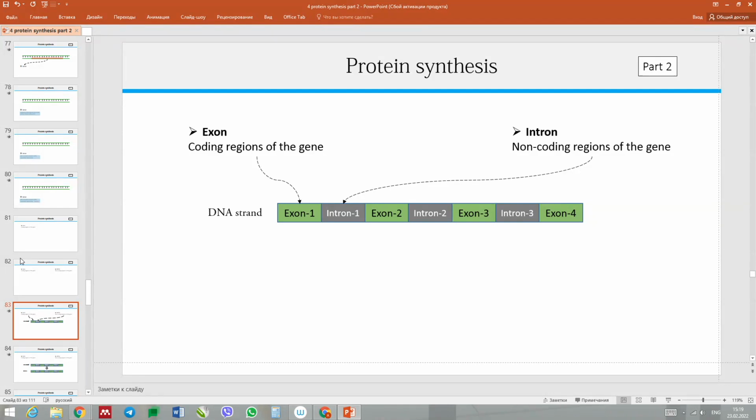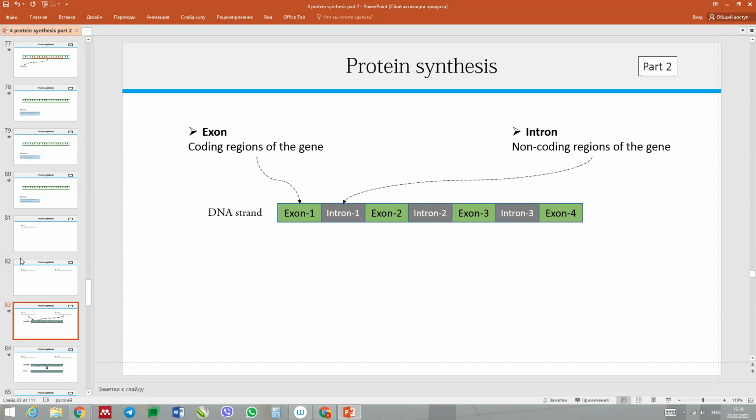But between them you see introns, and introns are fragments of the DNA inside of the gene that do not encode the structure of the protein. They are located there, but they do not carry any meaningful information about the structure of the protein.